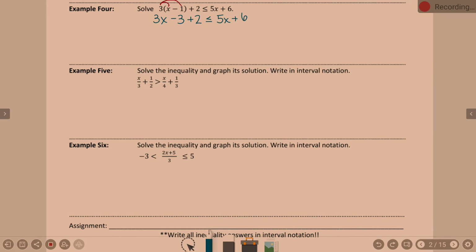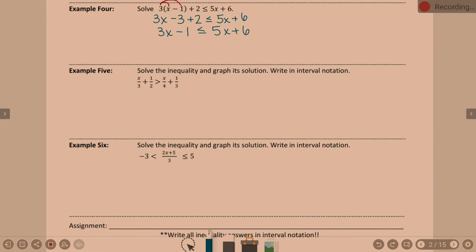On the left, we can add the 2 to the negative 3, clean it up, like terms. Minus 3 plus 2 is minus 1. So now I'm at 3x minus 1 less than or equal to 5x plus 6.